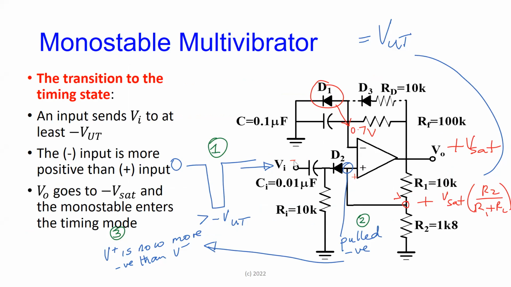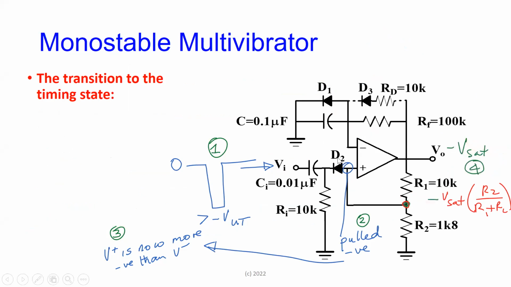As soon as Vin goes negative, here was positive, so this diode now becomes forward biased. As it becomes forward biased, if here is pulled negative, then here doesn't have a choice. The diode is forward biased, so this point now suddenly goes negative. Everybody following that? I pull this negative, here is going to be pulled negative.